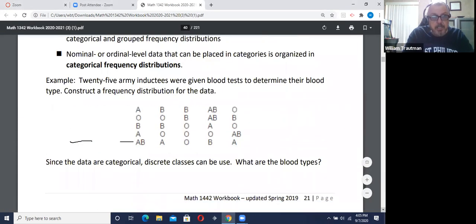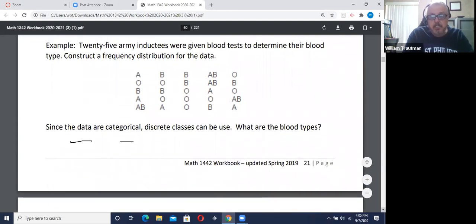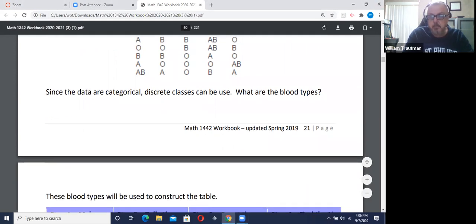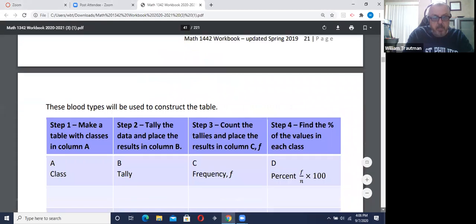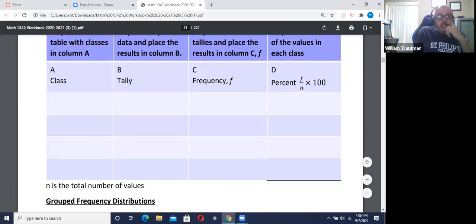If we look at this, they gave us 25 Army inductees who had their blood types tested. These are the Army inductees, and there are 25 types of blood here. If we're going to create a frequency distribution table, we're going to create the types of blood first that are up here.